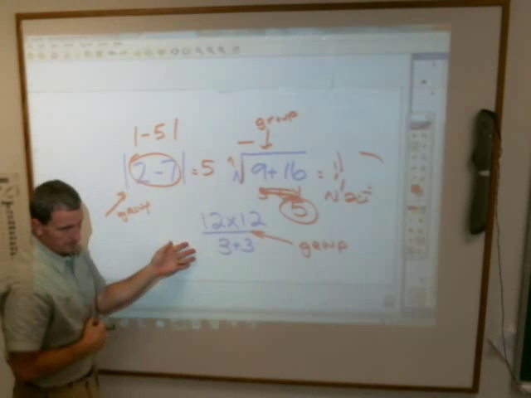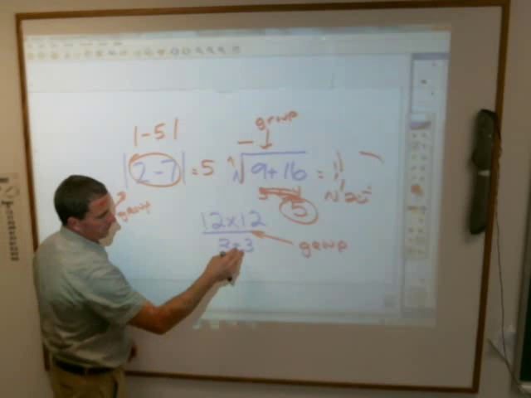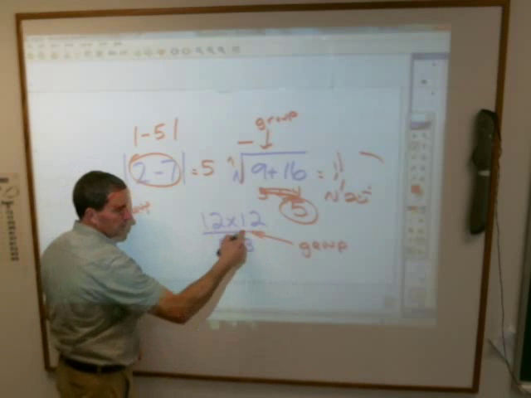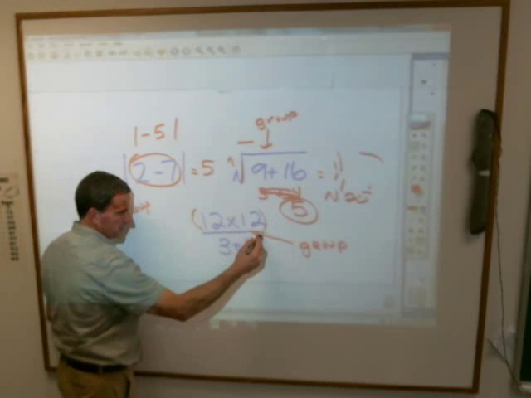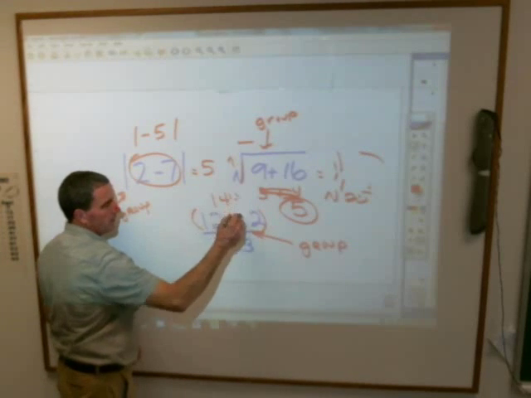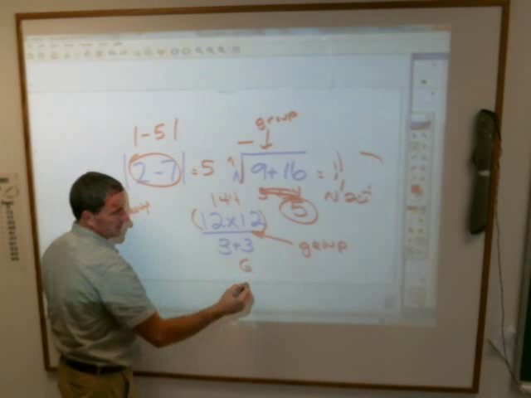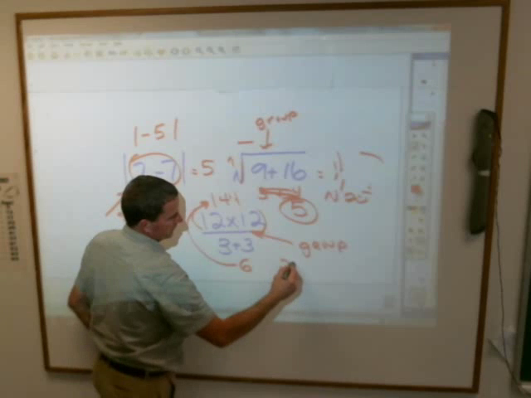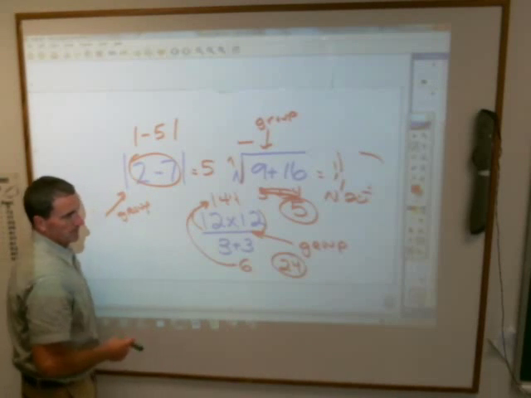Same thing here. You don't take 3 into 12 and get 4, and 3 into 12 and get 4, and then 4 times 4 is 16. This is a grouping symbol, which means you have to do this as one thing, you get 144. Add 3 plus 3, you get 6. And then you divide 6 into 144, which is what? 24, I believe. Got that?